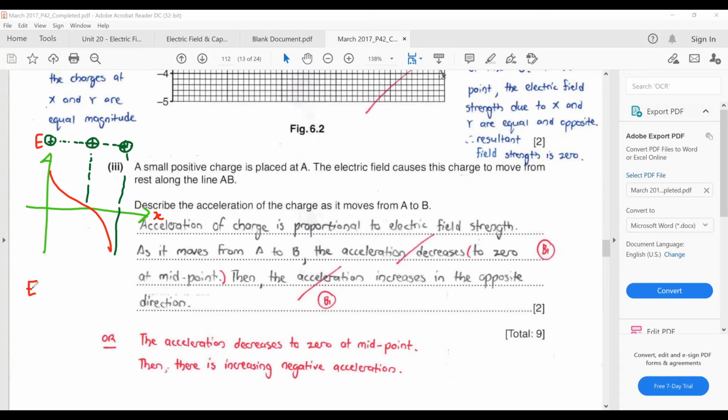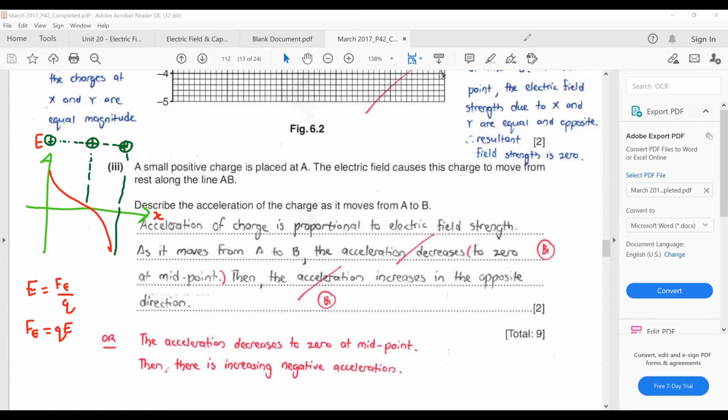Now, E is actually Fe over Q. So Fe is QE. And then Fe itself is the one that gives your charge the resultant force. In your case here, when you have a test charge moving from here to here, the only force acting on it is your electric force. The electric force is actually your net force here.